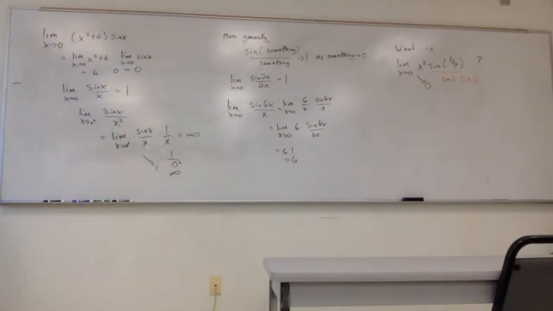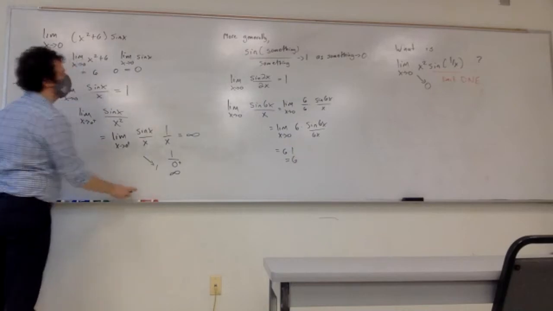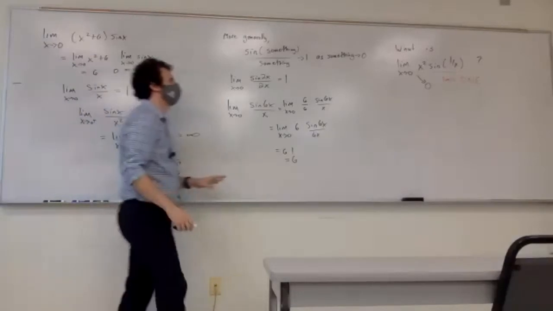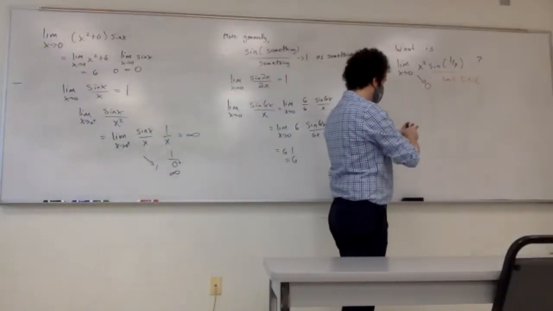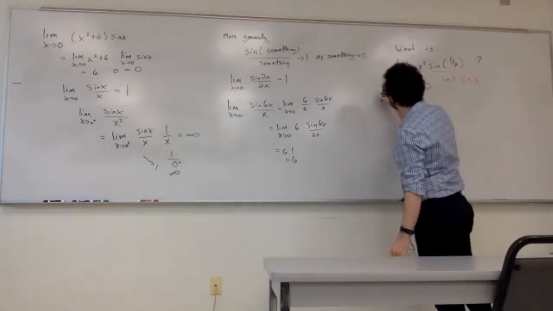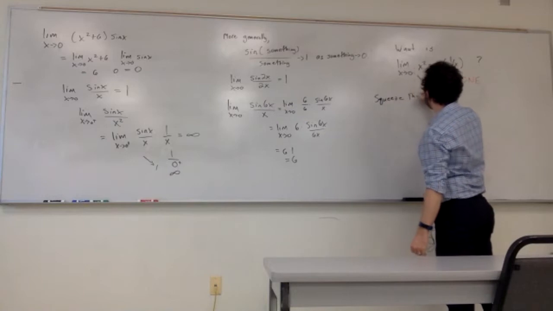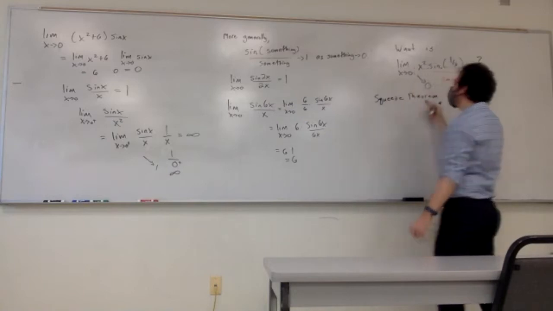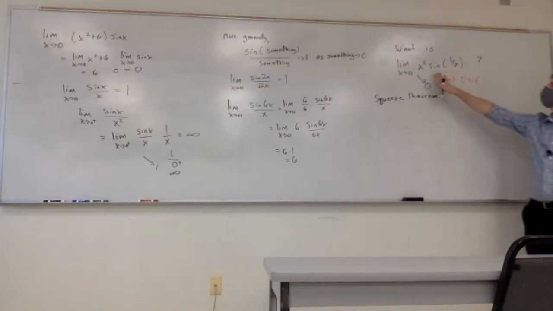So what we need is a more high-powered tool to evaluate some limits, which will be especially well suited for this kind of limit. And this is what is called the squeeze theorem. What this is going to say is, you want to find this limit? Don't worry about it for a second.